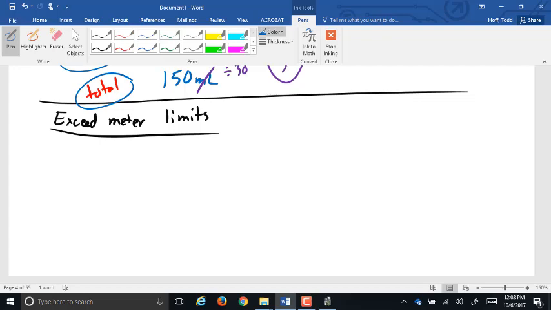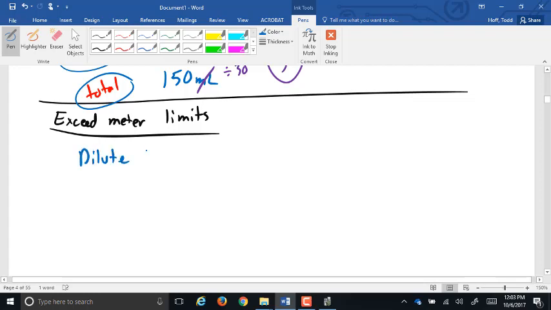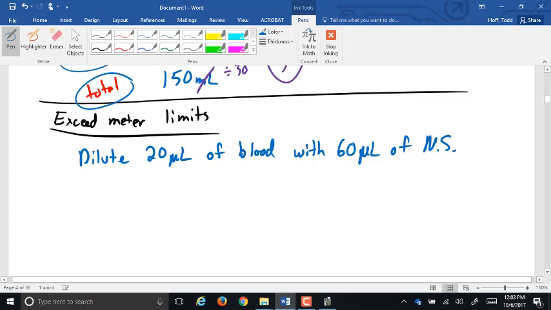So let's say we have a patient whose blood sample exceeds the limits of our meter, and so we dilute 20 microliters of blood with 60 microliters of normal saline.